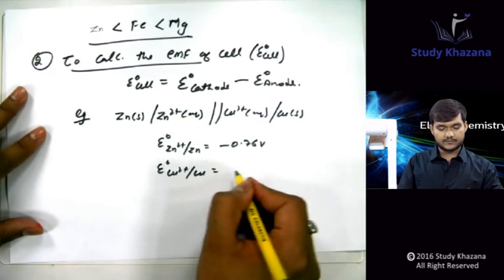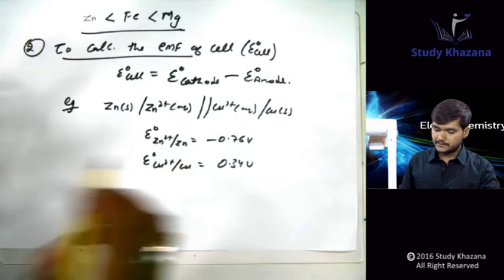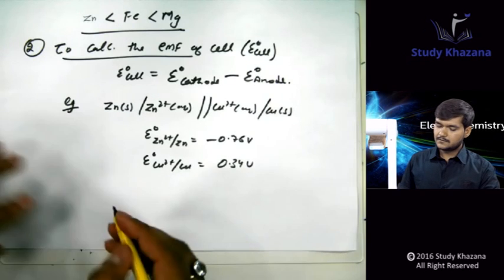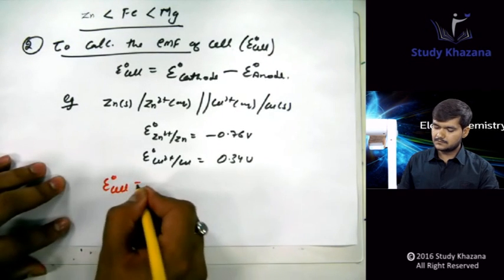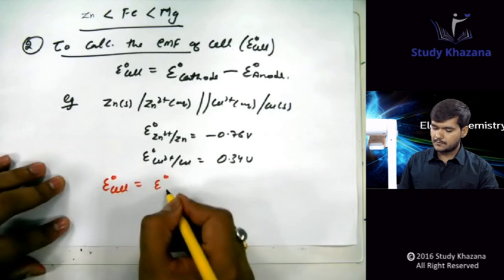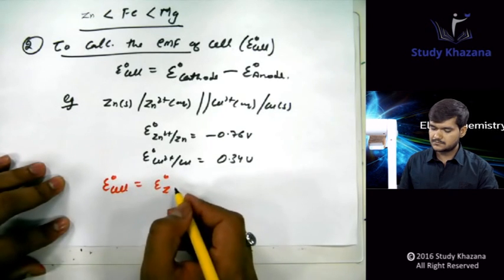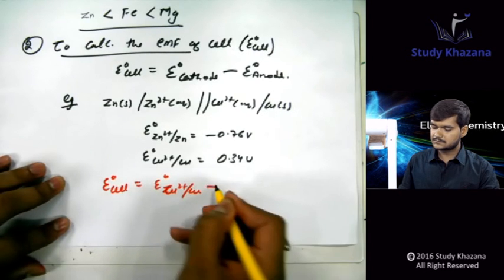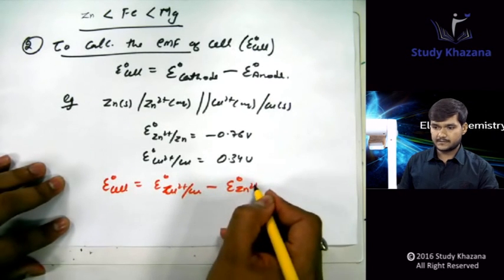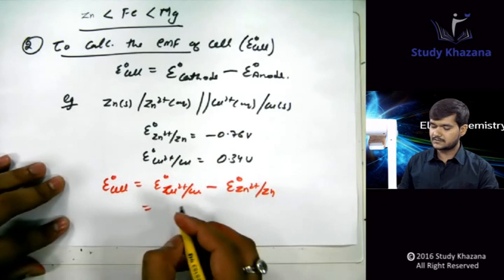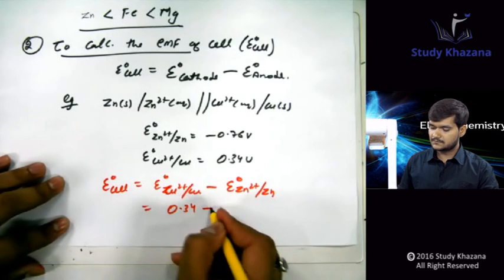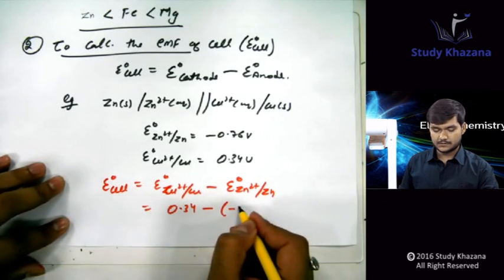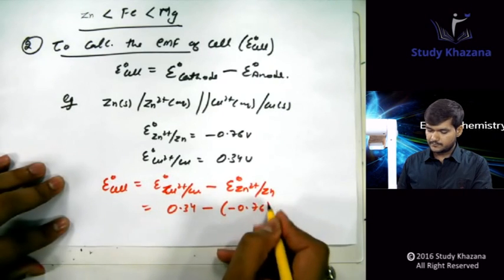Now you can easily calculate E naught cell. What is the cathode here? Copper is the cathode, no? E naught Cu2+/Cu minus E naught Zn2+/Zn. So copper is 0.34 volt, zinc is negative 0.76 volt, and this answer comes out to be 1.1 volt.